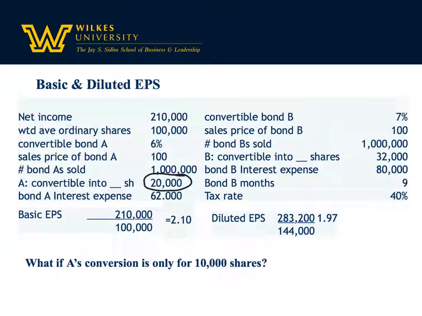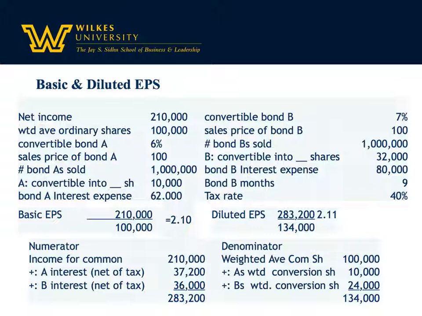What we're really doing is saying instead of 144,000 weighted average outstanding shares, we would have 134,000 outstanding shares. To put it into process, we still have the same numerator, so we're still adding all those things, and this 10,000 is what we dealt with. That's why we end up with 134,000.